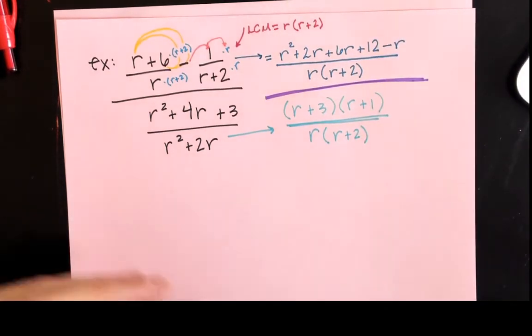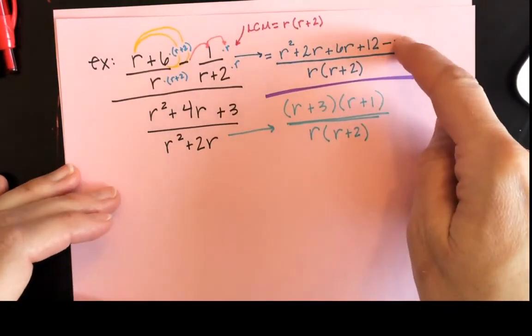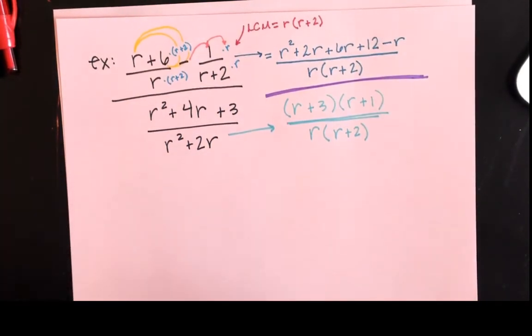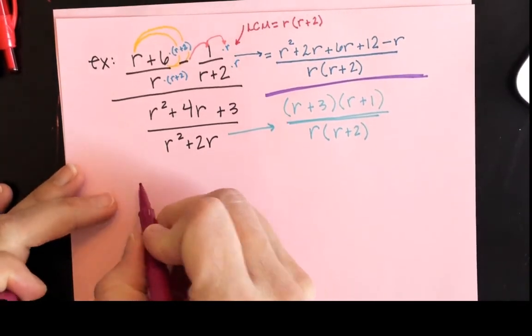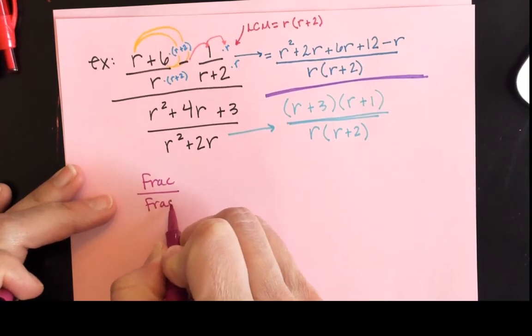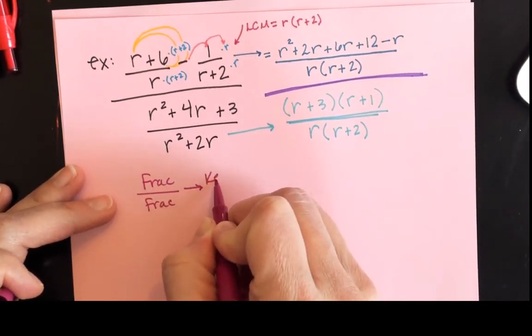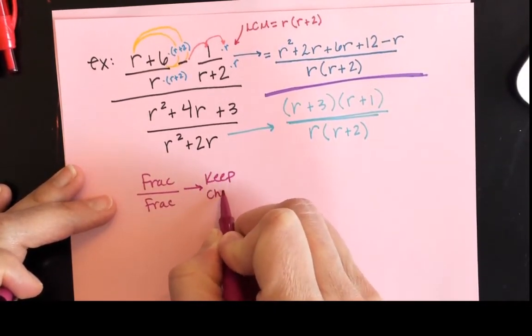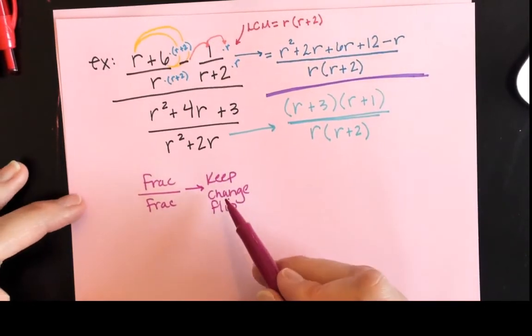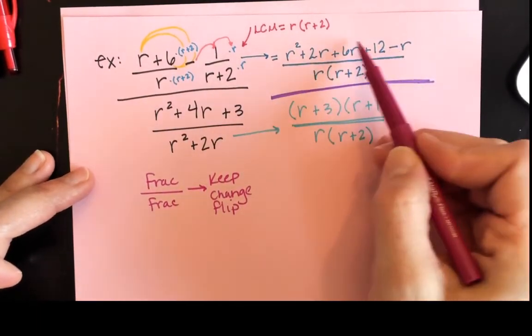So the next step, now that I have everything as a fraction divided by a fraction, here is where we're going to worry about that whole keep, change, flip. I want to concentrate on the fact that I can't do the division until it's one fraction.